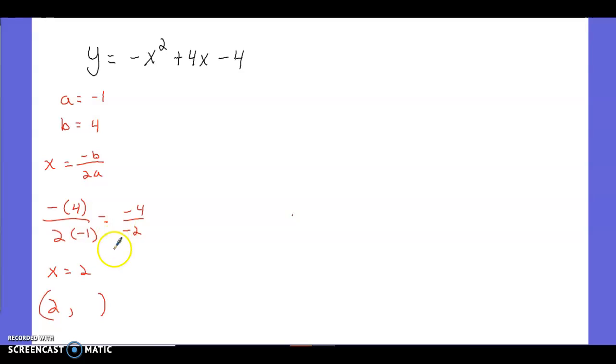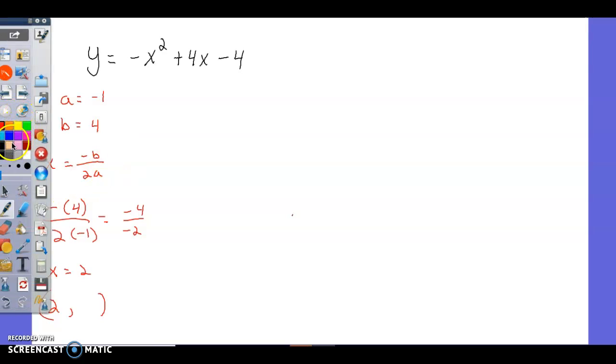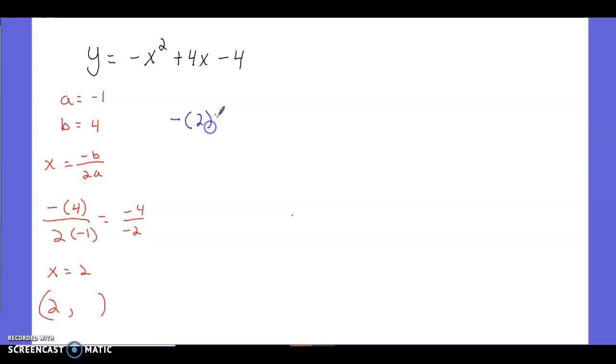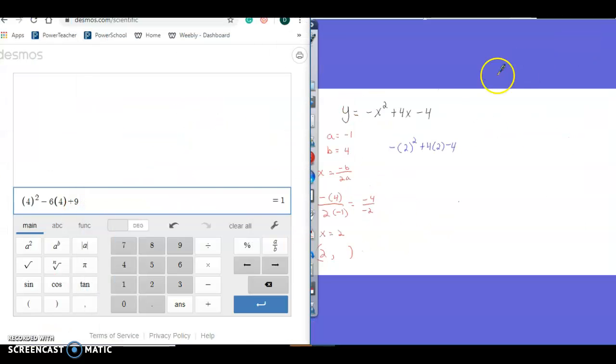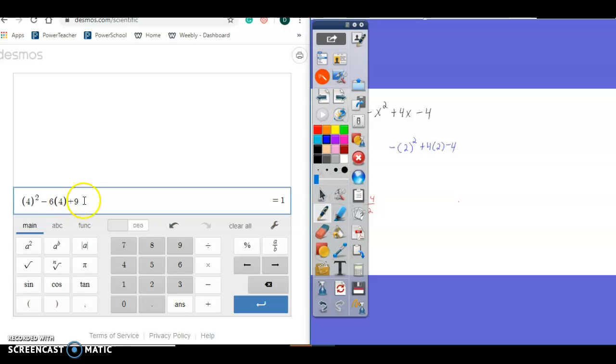Now I need to plug in 2 to get my y value of the vertex. So essentially what I'm going to plug in here, we'll change color for step 2, negative parentheses 2 squared plus 4 parentheses 2 minus 4. I'm going to go back to the calculator and plug that in because I'm going to have to use that again, so I might as well get it in there so I don't have to retype everything.